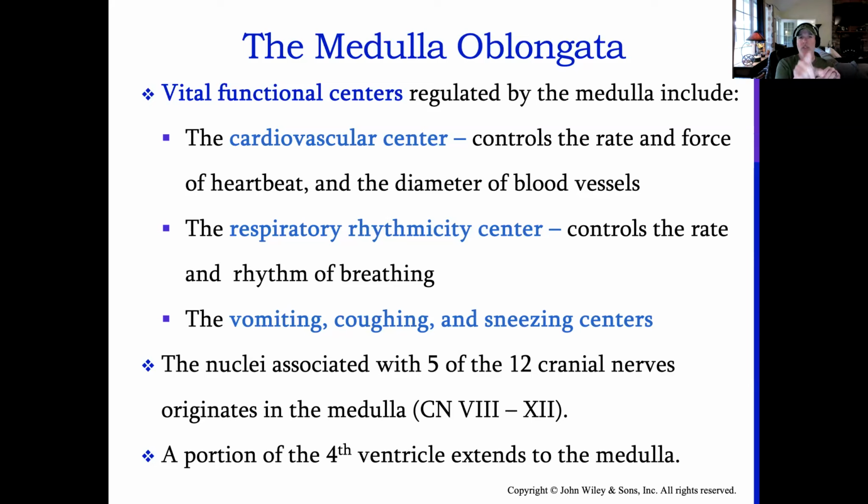Now, these cardiovascular centers do not tell the heart to actually beat. Right. So when we talk about heart rate, we're talking about it controlling the speed of contraction, but not actually initiating the contraction itself. The heart is autorhythmic. It has its own internal built-in pacemakers, which are going to fire off action potentials separate from the brain.